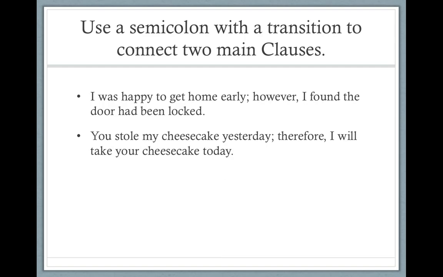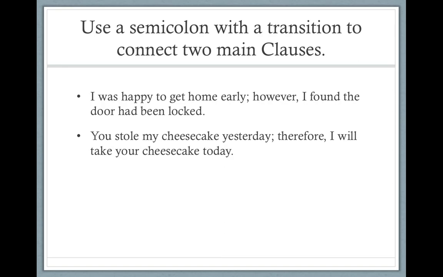So the pattern in using the semicolon in this case, with two independent clauses with that transition, is you put the semicolon before the transition, then write the transition and the comma, and then the next main clause. So the first main clause, semicolon, the transition, and then the comma, and then the other main clause.